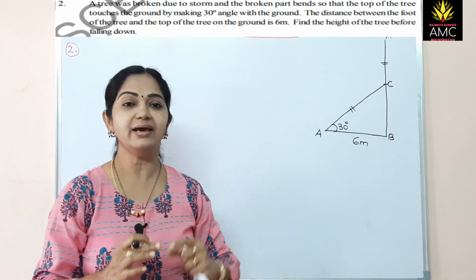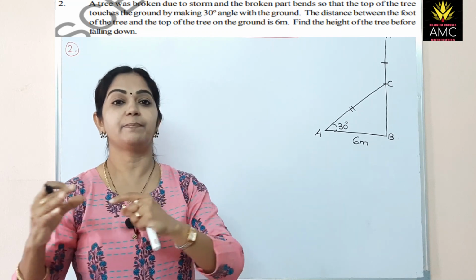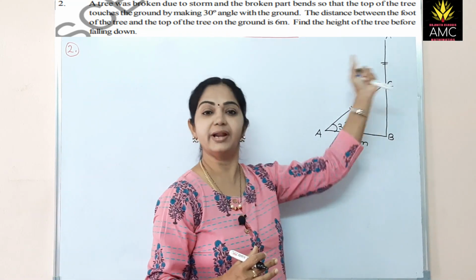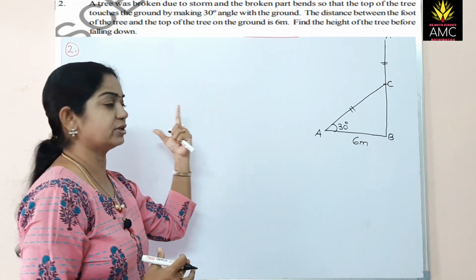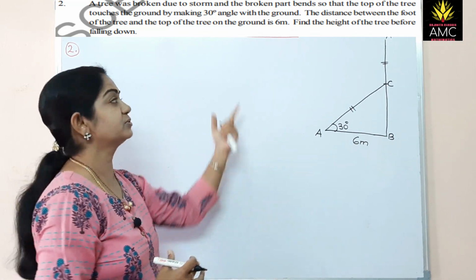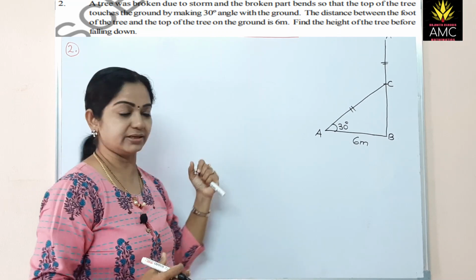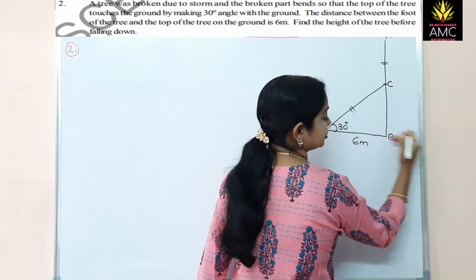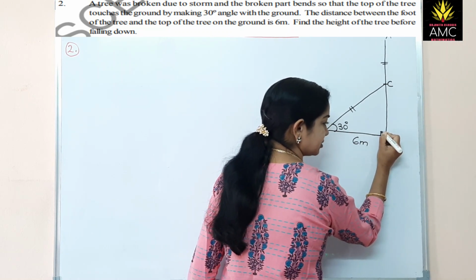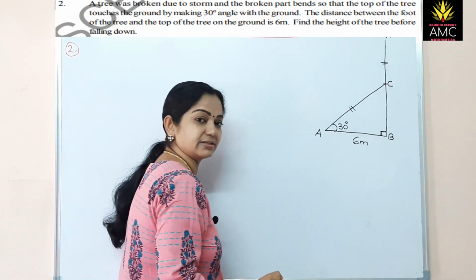So what I did, I have visualized the problem in the form of a diagram. This part is very important. From this, what is given and what is to be found, we can easily find using trigonometry. Now when we say the tree is vertical to the ground, that means it naturally forms 90 degrees, isn't it?